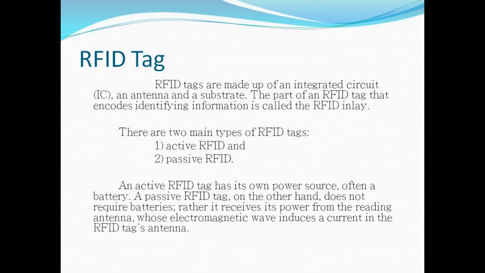But the semi-active or semi-passive tag has a battery backup, but it does not start immediately. Whenever we place the card near the reader, the reader will send a signal with the help of EMF, electromagnetic field, and then only the battery will activate. So it will provide a long duration or long backup of the battery.